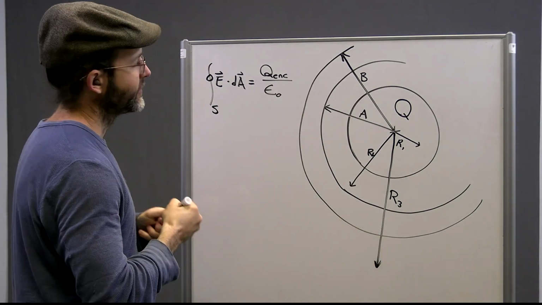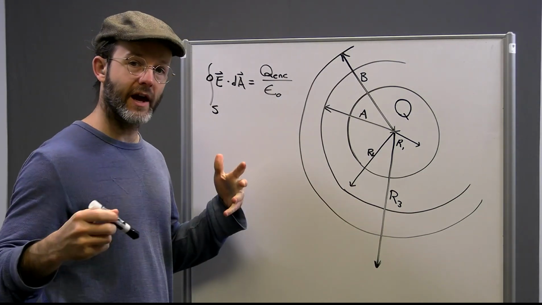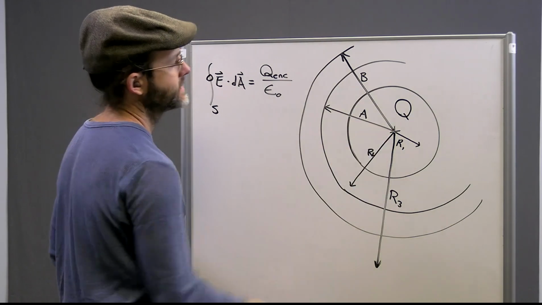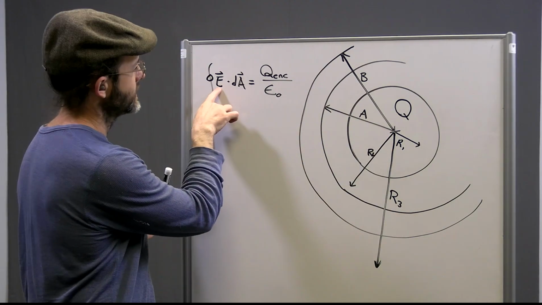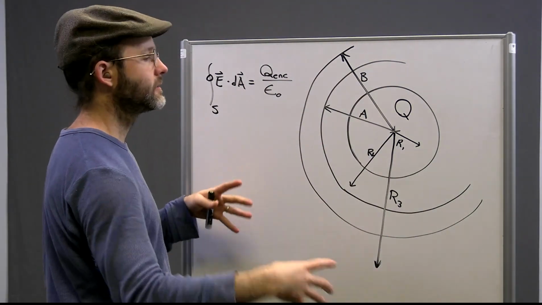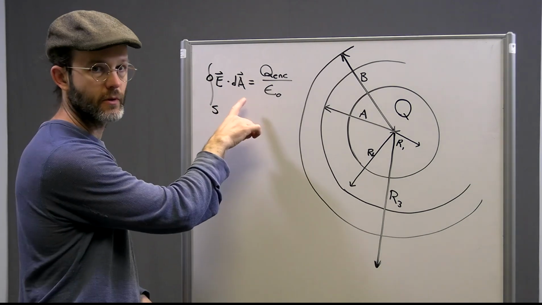The way that it simplifies is to recognize that in an electrostatic system where you have a spherical symmetry, if your origin is placed at the center of that spherical system, then the vector direction of the electric field created by that spherical amount of charge is in the same direction as your surface normals.